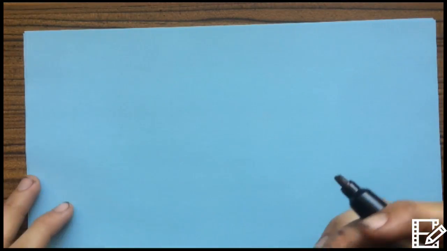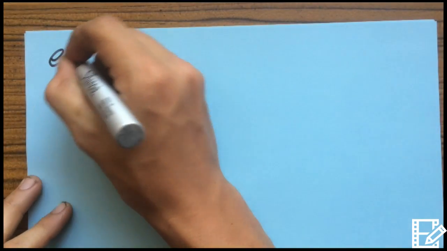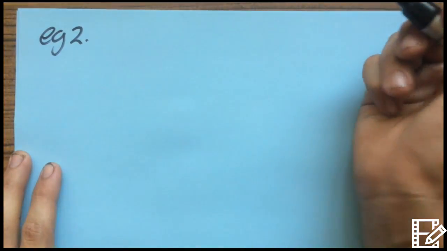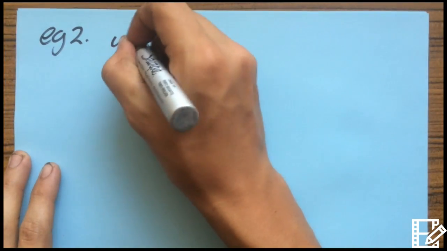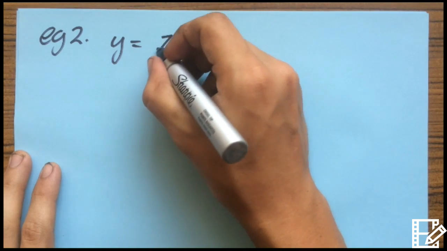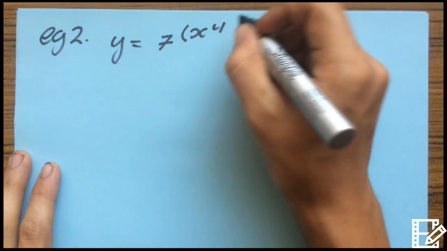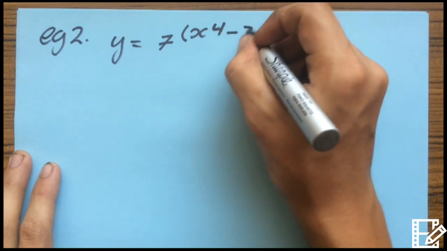Okay, now we will do a chain rule example. So, y, we'll use the 7 again, and we'll make it to the power of x to the power of 4, take 7.